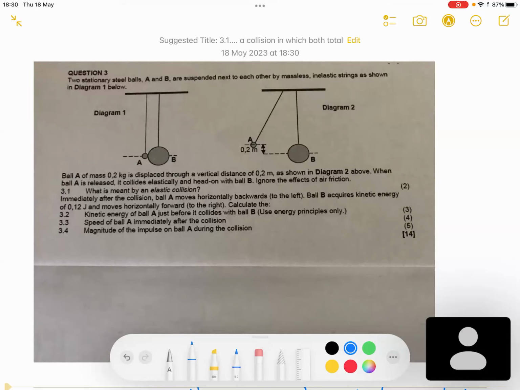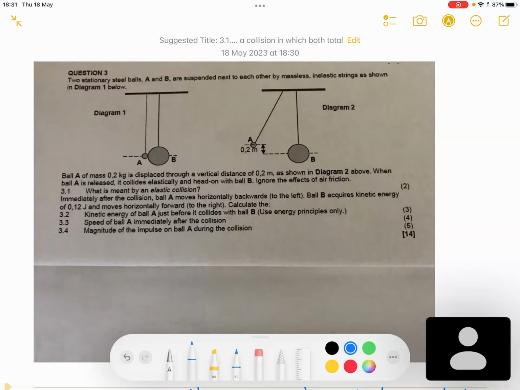Ball B acquires kinetic energy of 0.12 joules and moves horizontally forward, so to the right. Okay, that's what's happening. And now they want us to calculate the kinetic energy of ball A just before it collides with ball B. And it says, use energy principles only.